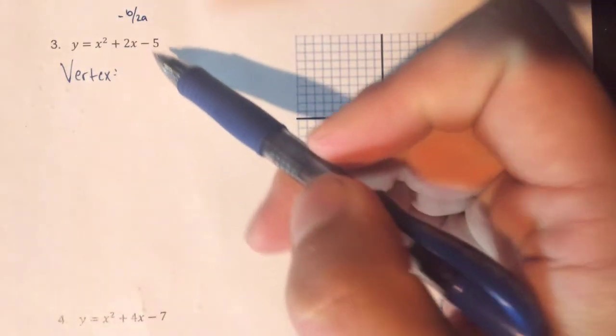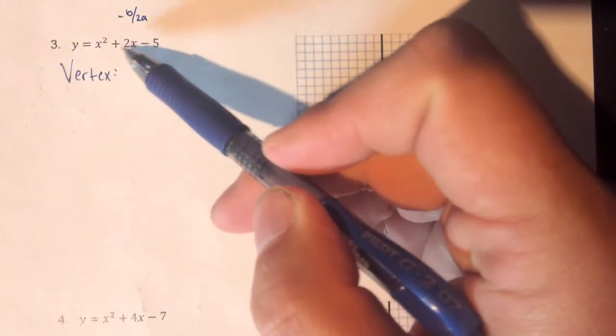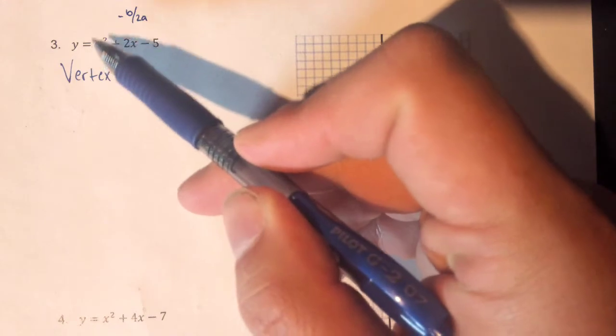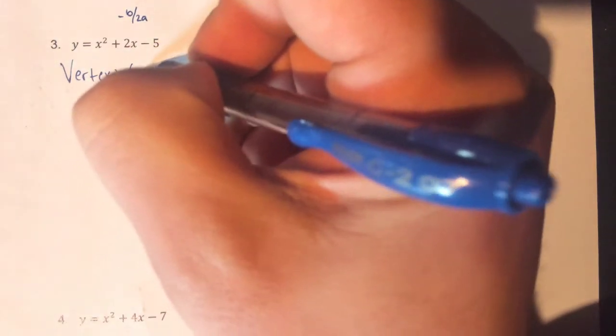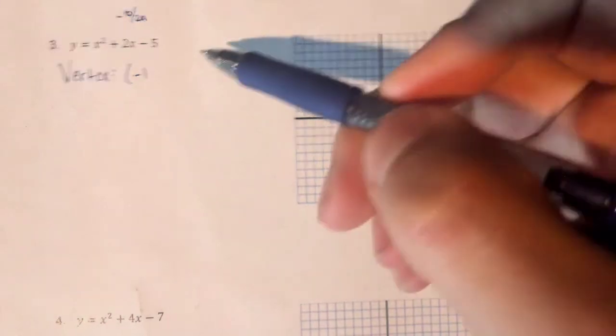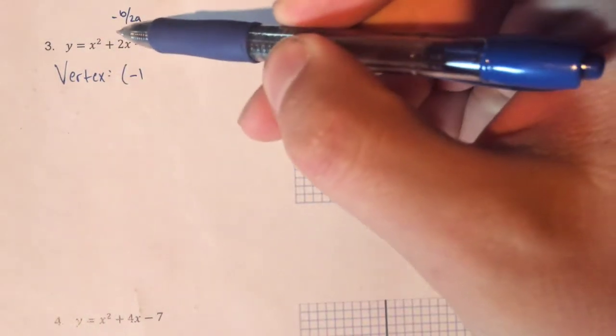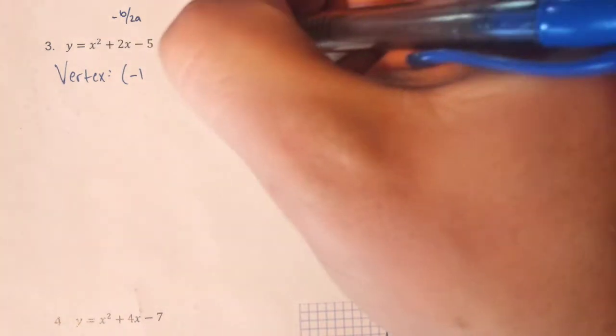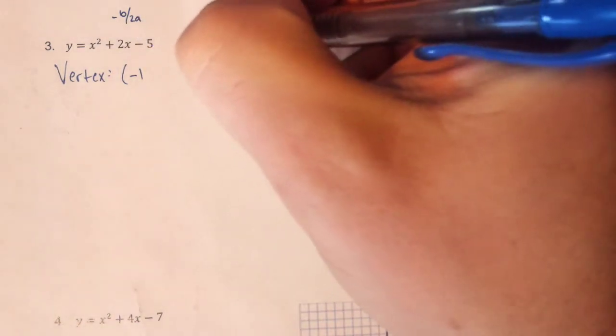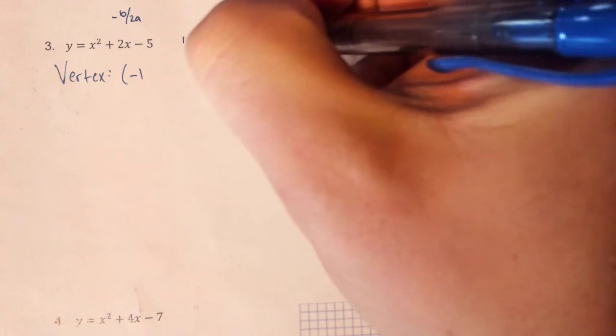So remember, the vertex is the opposite of b over 2a. The opposite of b would be -2 over 2 times 1, still 2. So -2 over 2, the vertex for the x part is -1. And then you just plug it in to find the y. This one's easy, I don't need my calculator. -1 squared is +1, 2 times -1 is -2, and then it says -5.